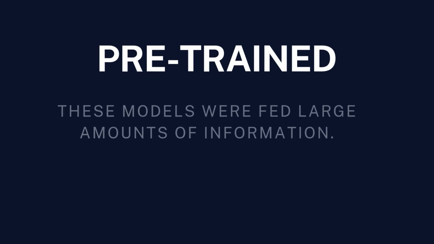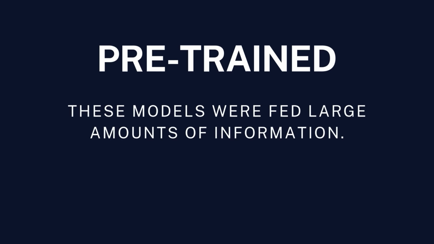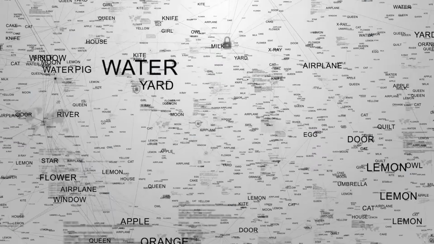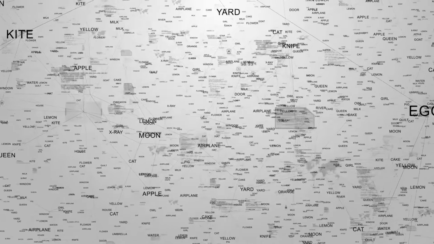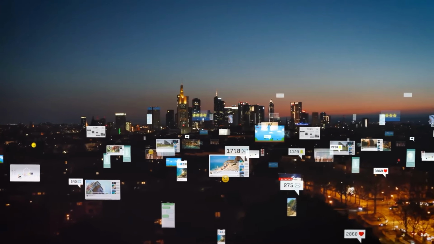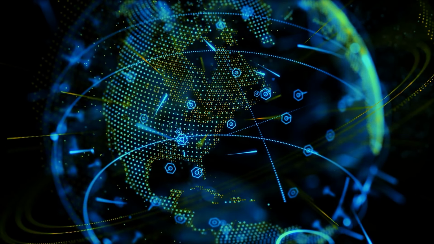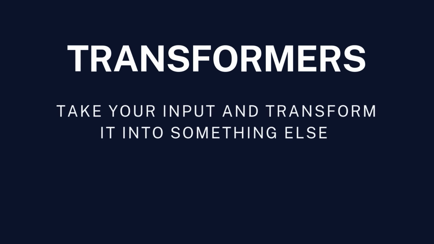P, pre-trained. This means these models were fed large amounts of information. In the case of language models, most of the big ones were basically trained on the entirety of the internet text. T, transformers. This is the most important concept.